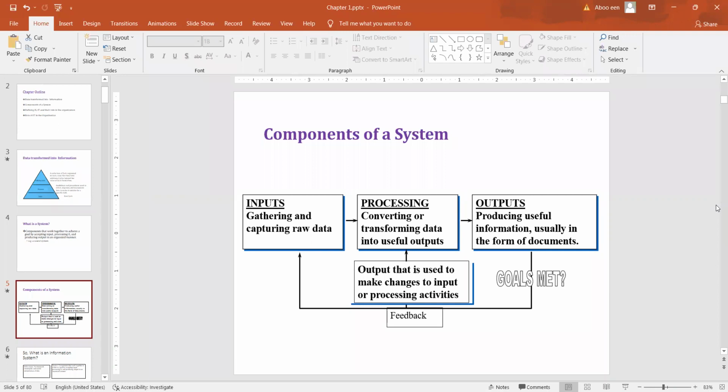It is systematically organized and has meaning and value. The users can read and understand it, and they can get some sort of knowledge. By reading the document, their knowledge is increased. So it has value: producing useful information, usually in the form of a document.